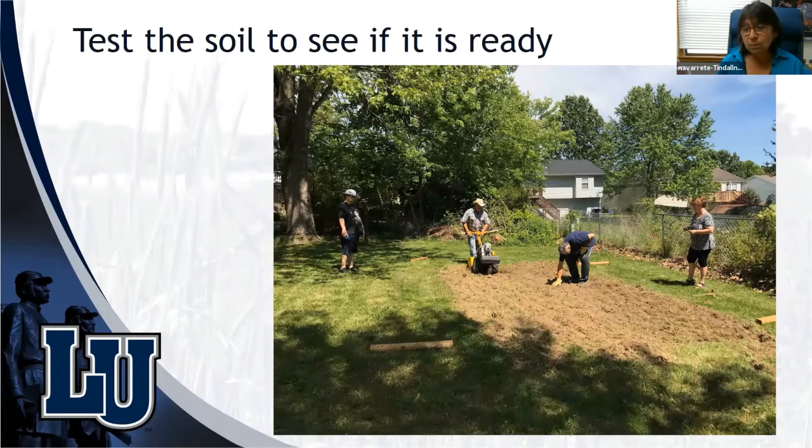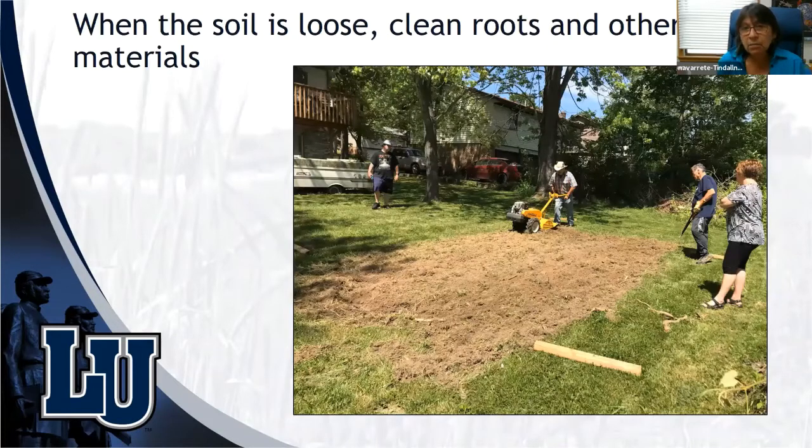So after 2 or 3 times that you pass the tiller, then check the soil. See if it's loose. In this case, you can almost see that it's pretty loose. So now it's time to clean roots and other woody or other plant materials.